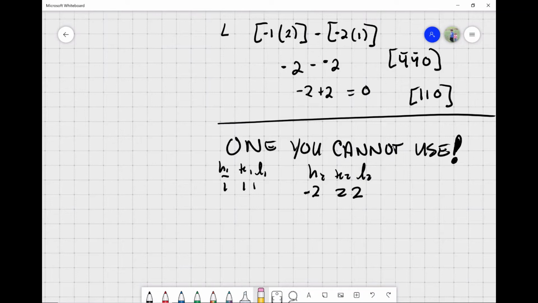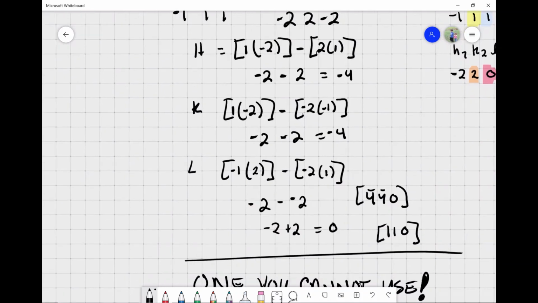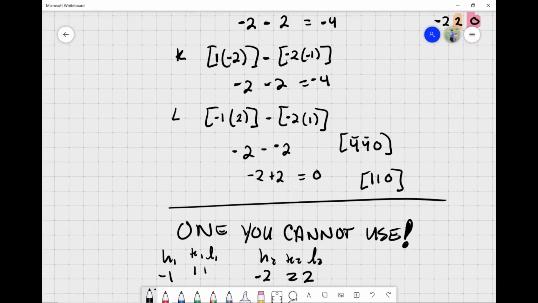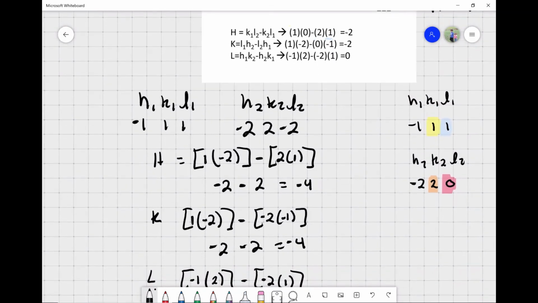Let me make it consistent. All right, and so H is K1, L2 minus K2, L1.